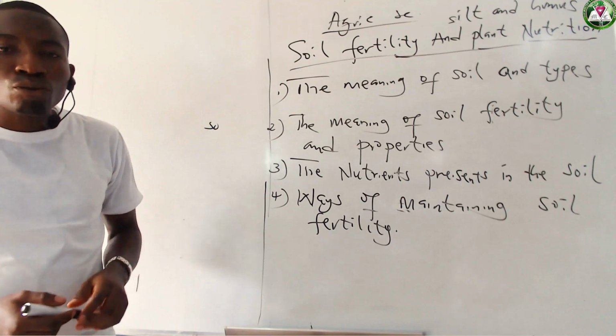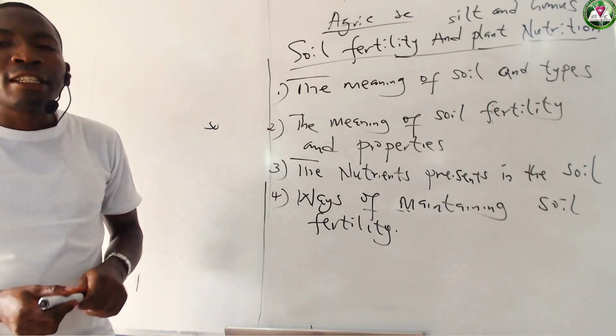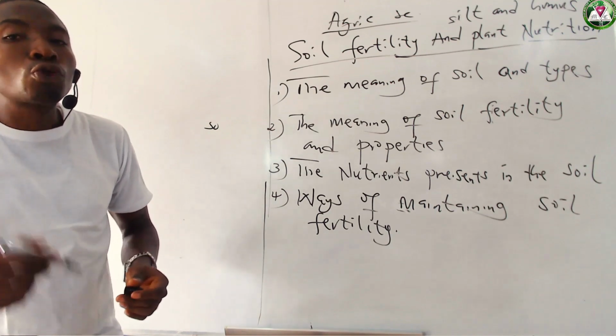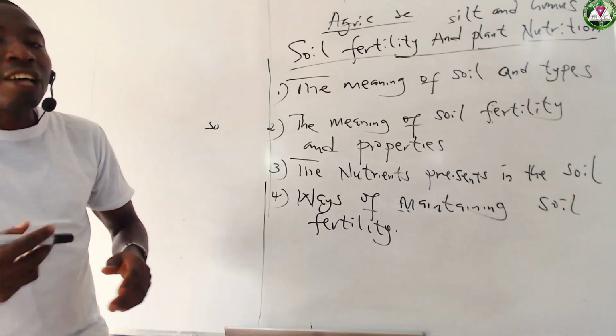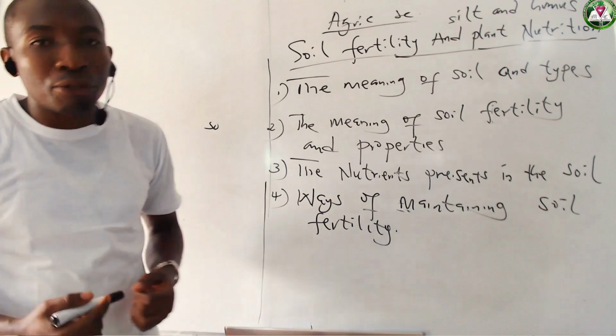Another property of this soil fertility is a soil that has adequate organic matter with good soil structure and water retention. What do I mean by soil structure? Soil structure has to do with the arrangement of soil particles in their aggregate of sizes and shapes.